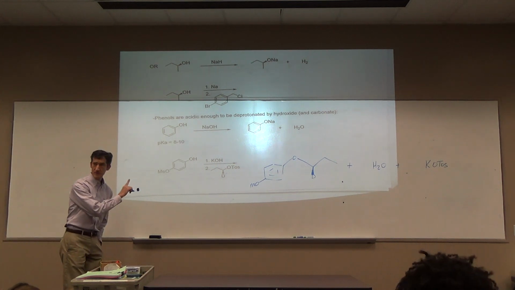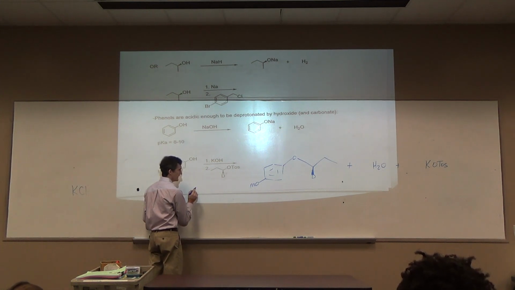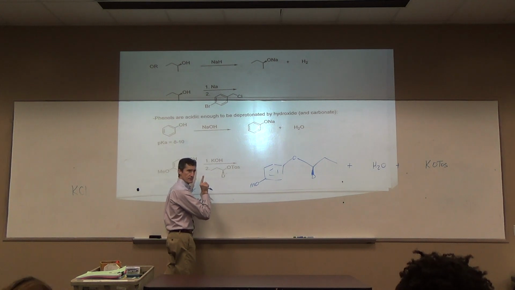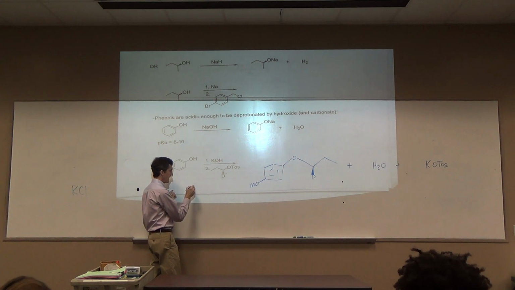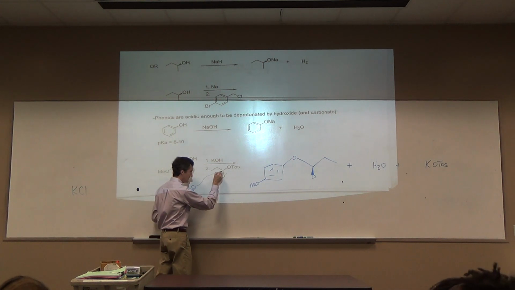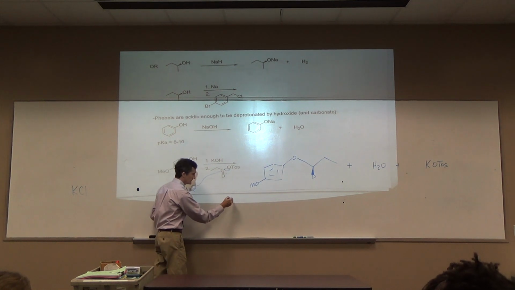Everybody good with inversion? We did one like that before. Because how does the nucleophile come in? The leaving group is in the plane that way, so how does the nucleophile come in? O minus. It comes in directly opposite, right? Kicks it off. So here's the carbon.